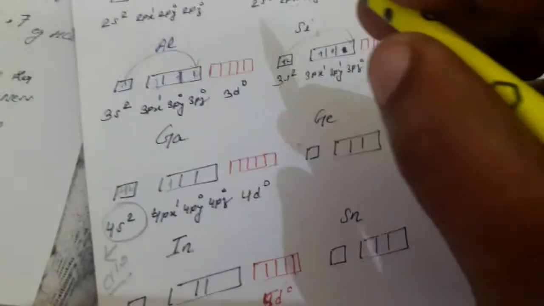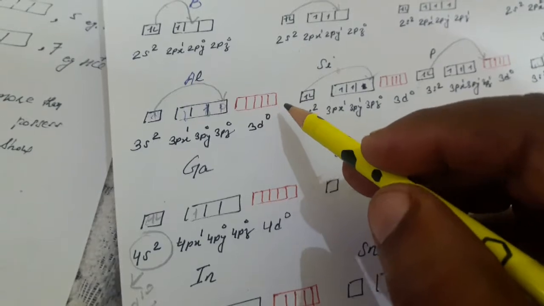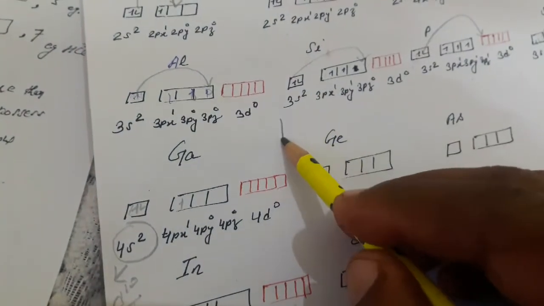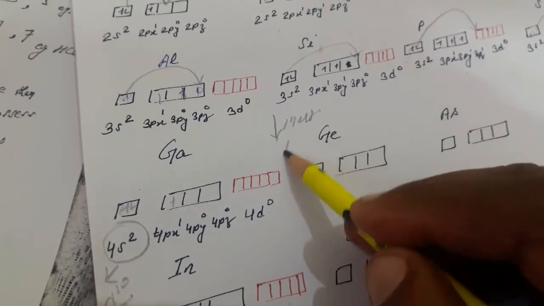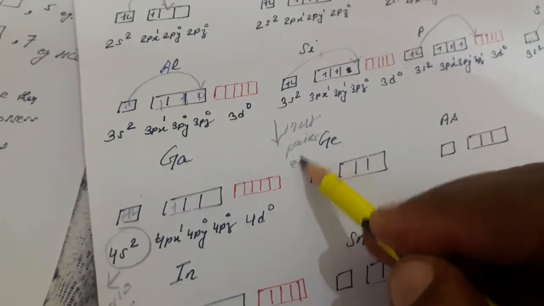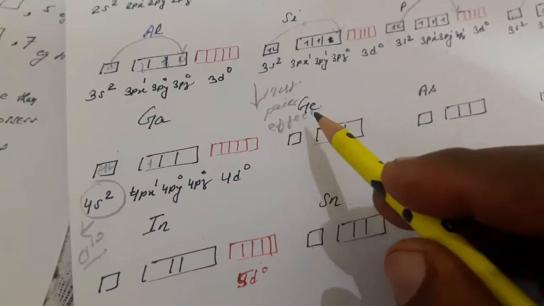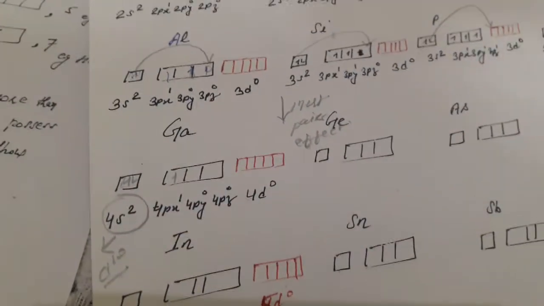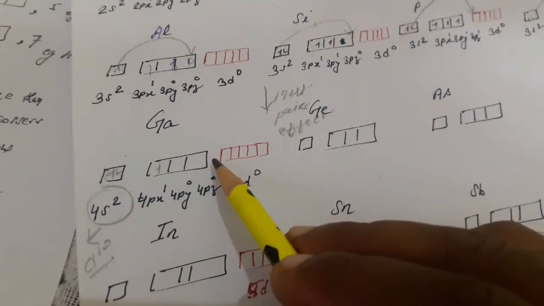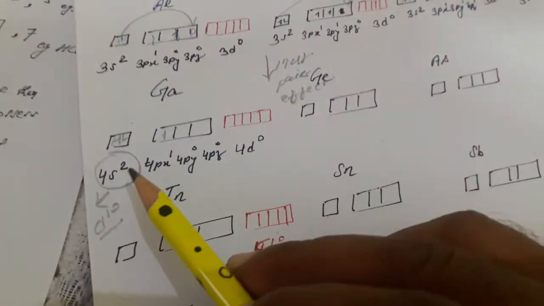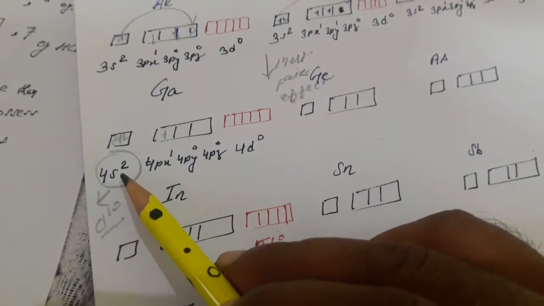So we can say down the group after the second element the inert pair effect will increase, and that inert pair effect especially restricts the excitation of s2 electrons. So if the covalency is increasing by excitation of s2 electrons, that will stop.